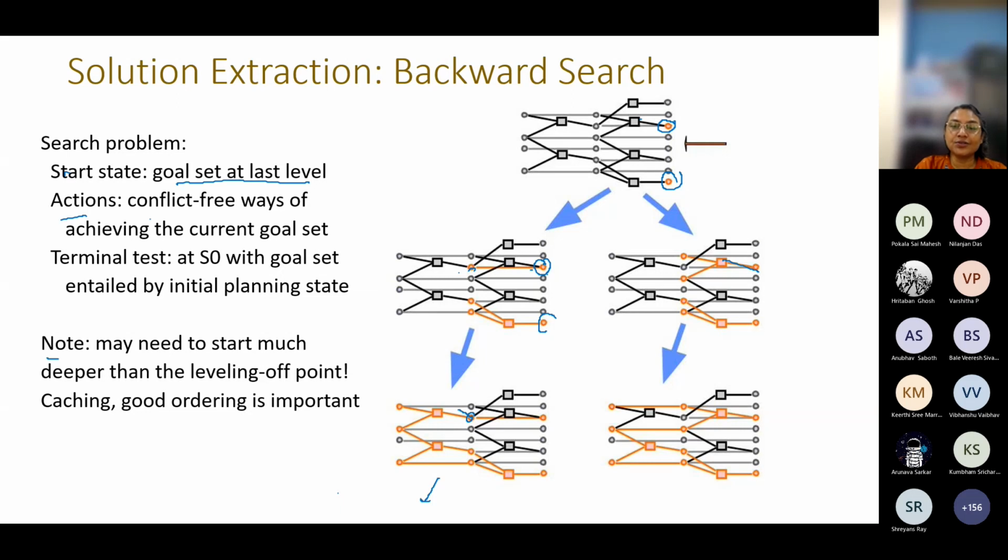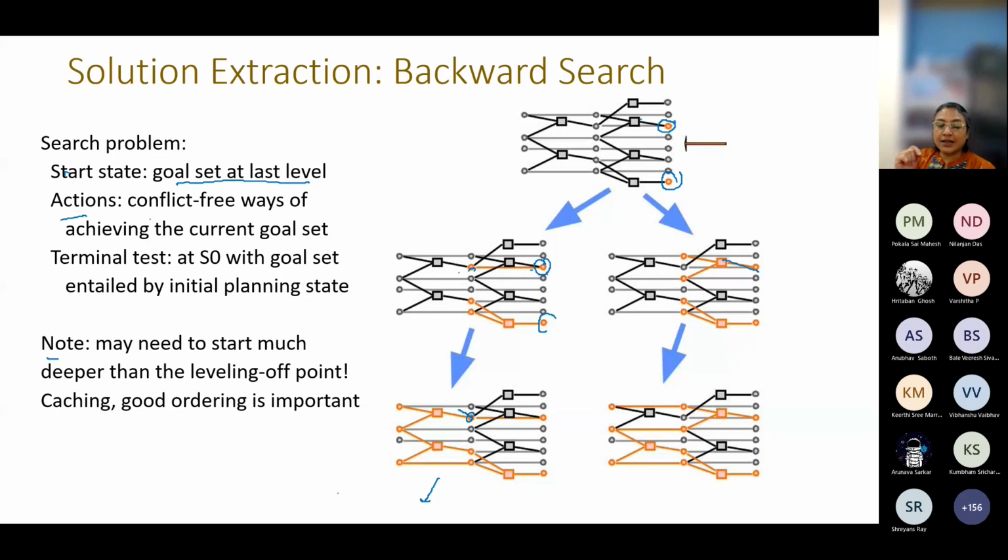So, of course, when you do this search, you may ask, if you are doing the search anyway, why not do regression search? The answer is because the mutexes are marked in the graph, the searching becomes much more efficient because you can identify failures early.